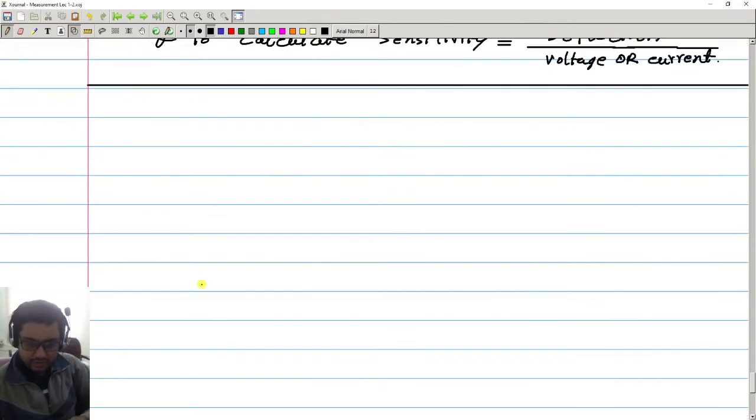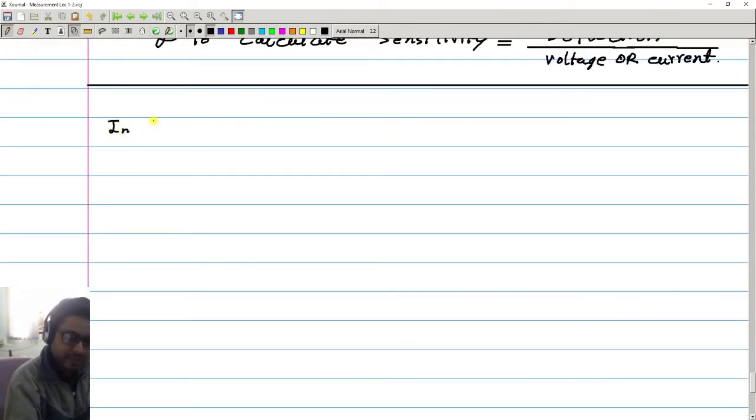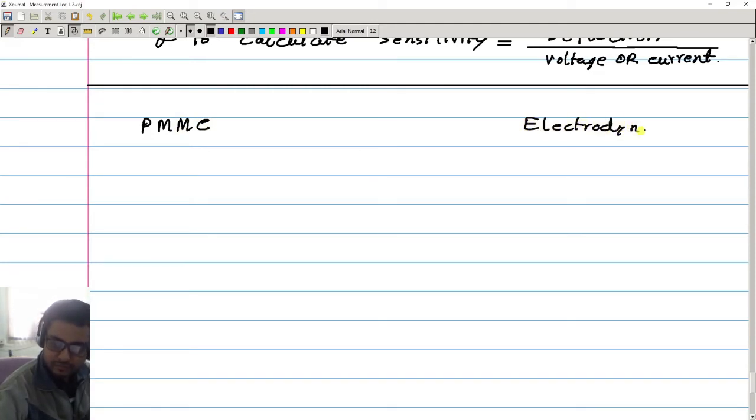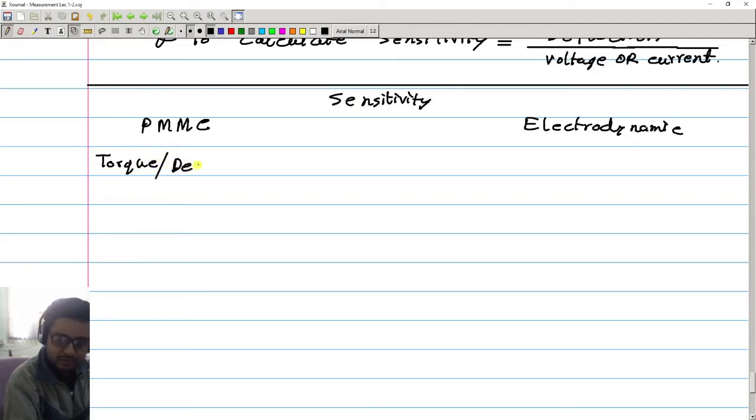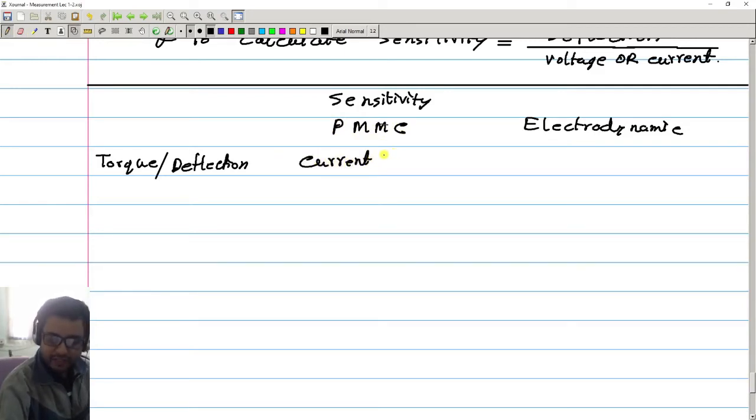Can you explain once more why PMMC is more sensitive for small currents? Okay. So we are comparing the sensitivity of PMMC and electrodynamic. In PMMC, torque or deflection depends on two factors: number one, current, and flux.